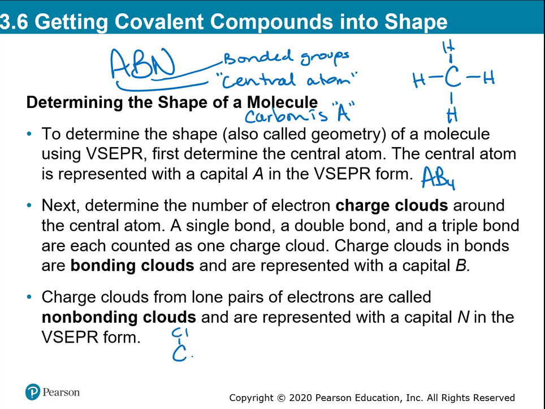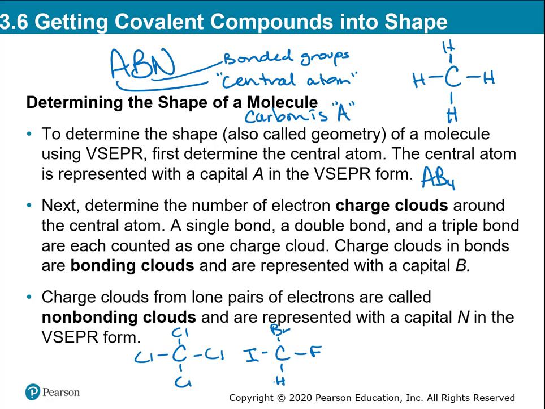So if I had this, would this have the same arrangement? Carbon with 4 chlorines? Yeah. Would it matter if I had a carbon with a fluorine, a bromine, an iodine, and a hydrogen? It's exactly the same. So the ABN let them look at a general shape and ignore what the things it's connected to. You're just looking at the central atom and asking how many groups.